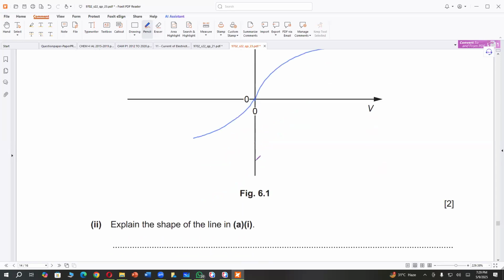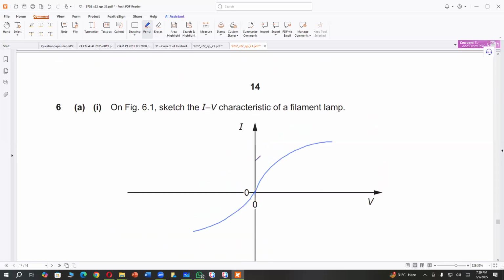Look at the shape of the curve. Temperature increases, resistance increases, graph bends towards voltage axis.